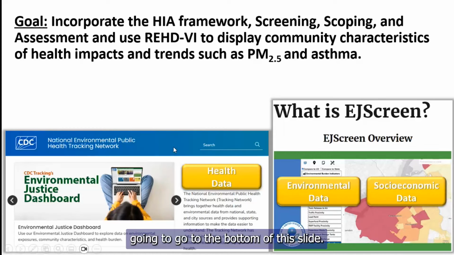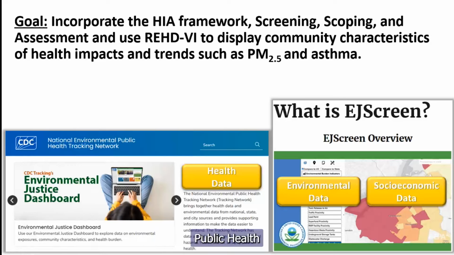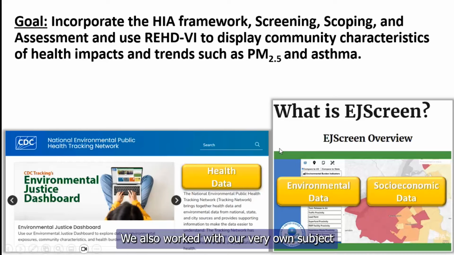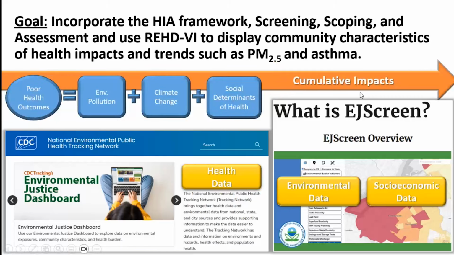I'm going to go to the bottom of this slide. Note that we did work with subject matter experts from CDC's National Environmental Public Health Tracking Network to pull in their health data. We also worked with our very own subject matter experts at EPA on pulling in environmental and socioeconomic information as well.